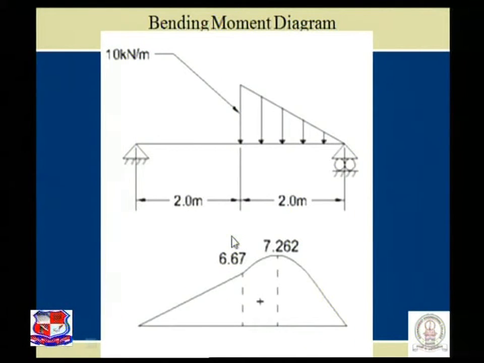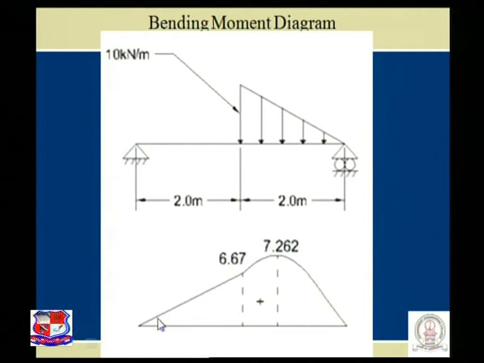Let us go for the next, the bending moment diagram. At A and at B, both are the supports. The values of bending moment are 0 at both locations. Between A and C, there is no load.